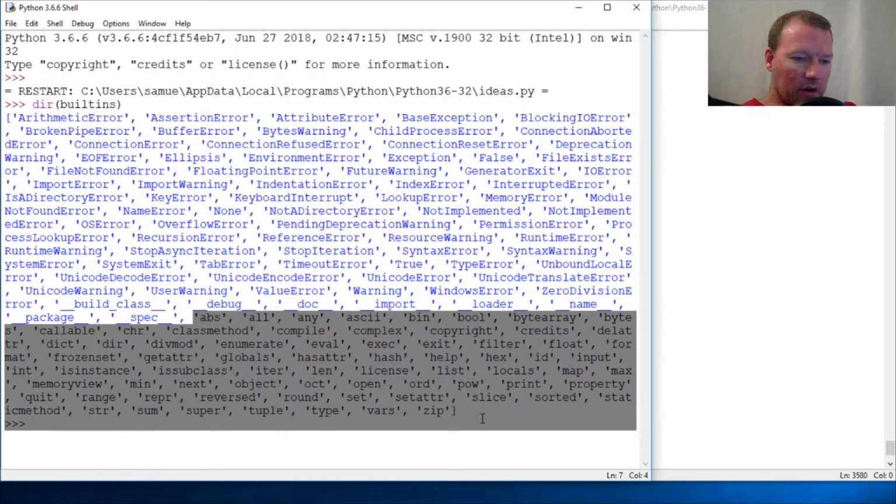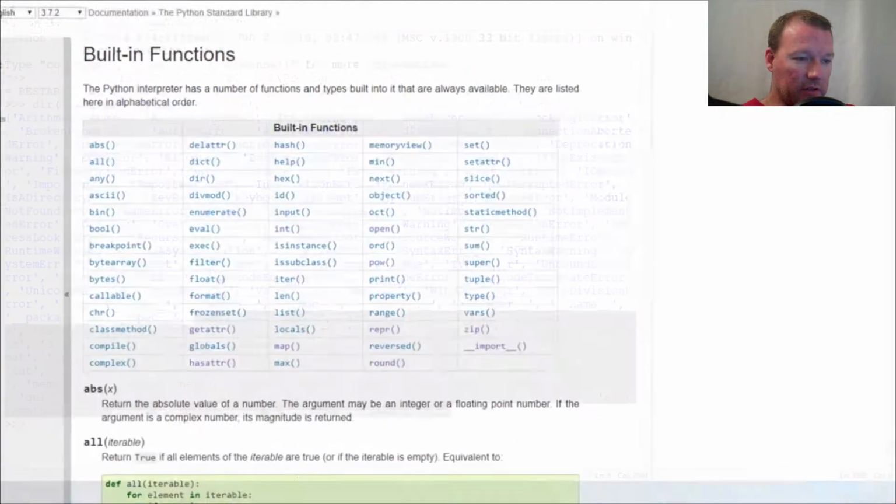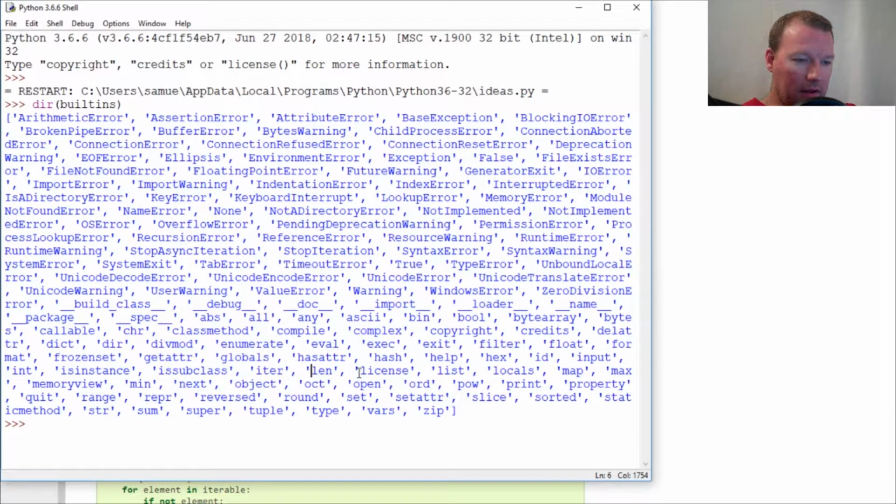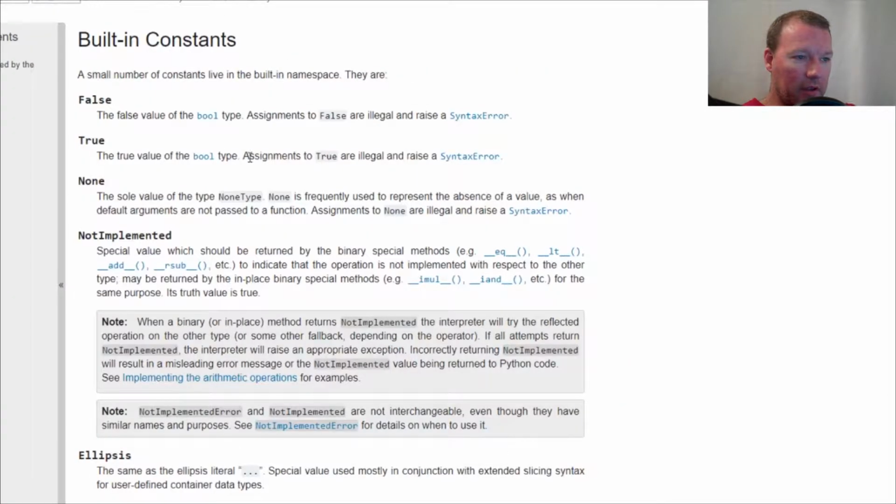A majority of these are built-in functions, and we can just click over and look at all of these, but there are a few that are what are called built-in constants.